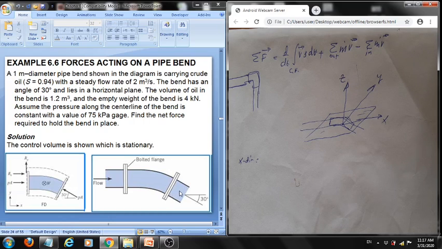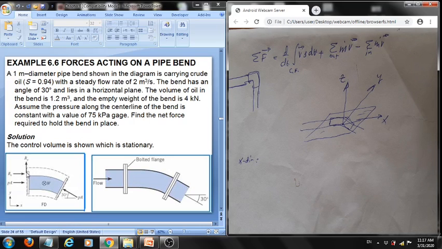Remember that pressure always acts on the control volume. So once again when we cut through the fluid we have a pressure times area, we have a pressure force اللي هي acting in this direction.